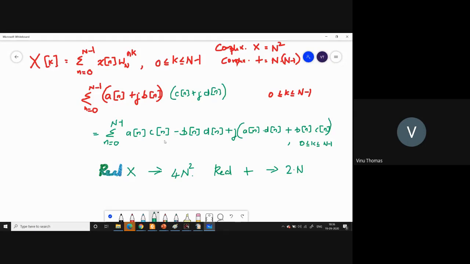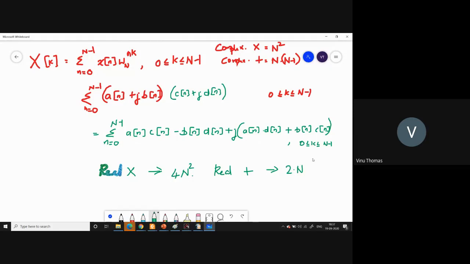This subtraction is called an addition. And A0 into D0 plus B0 into C0 is another addition. So that is two additions just for n equal to 0. There are n such terms, so there are 2n such additions.